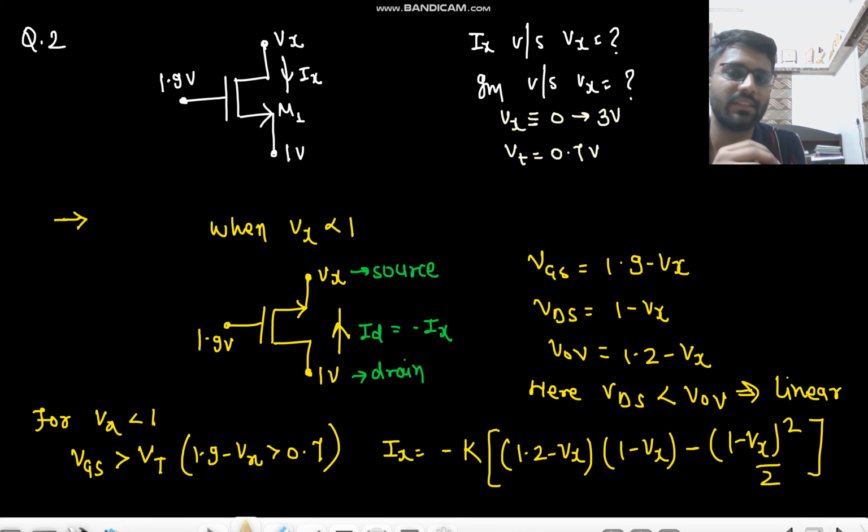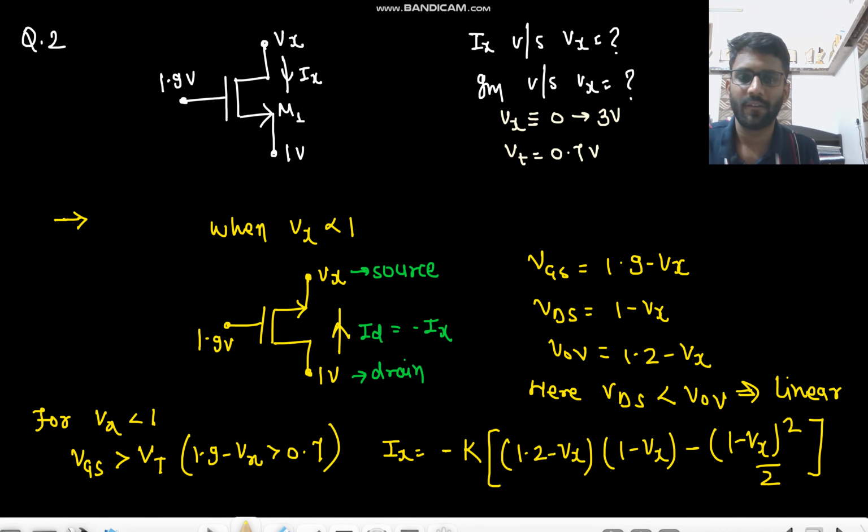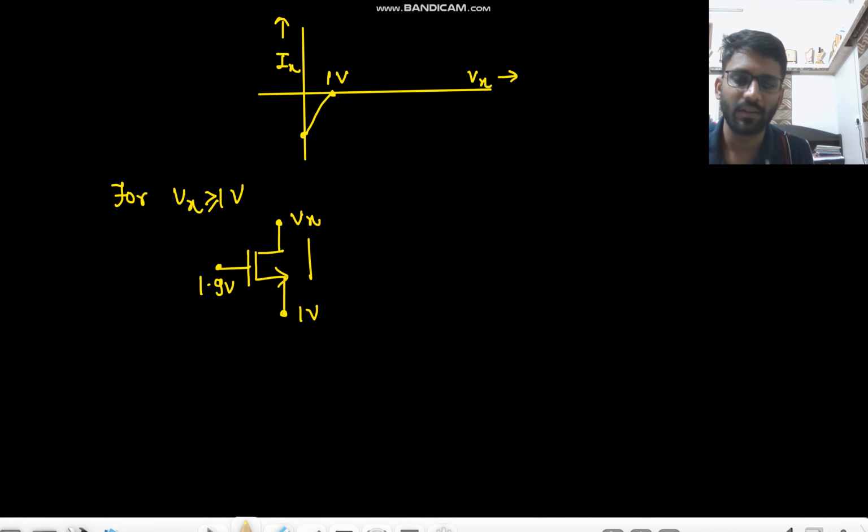Now what will happen is this circuit will come again, right? For Vx greater than 1 volt, and this is Ix. What is your Vds now? Vx minus 1.